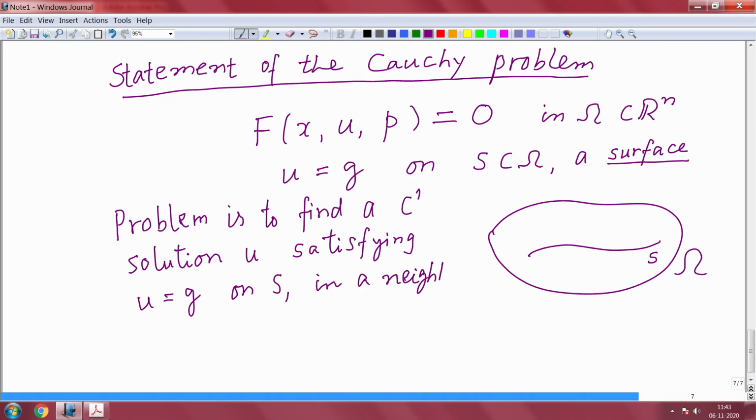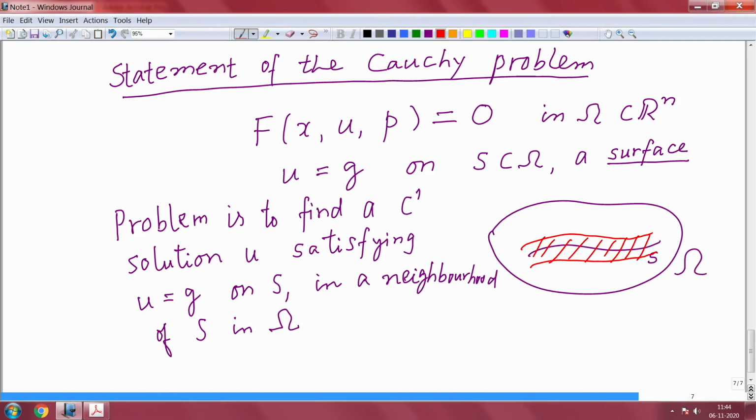We are satisfied even if we could find a small neighborhood of S in omega. We will see that even this restriction is essential even for the linear case. So, that neighborhood is sufficient for us.